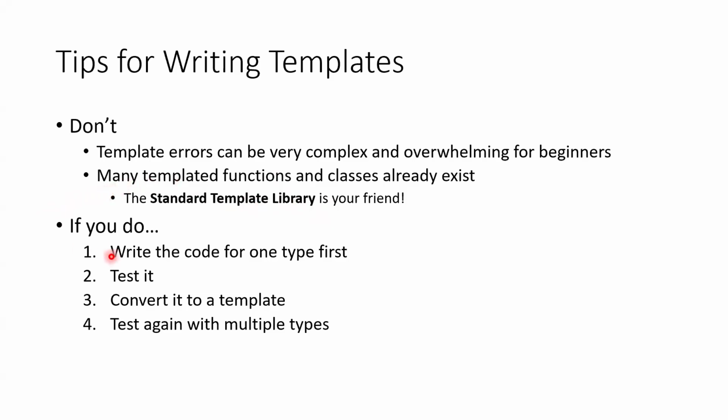But if you do write templates, just make sure that you are writing the code for one single type first. Make sure the code works, then convert it to a template and test it again with different types. This style of writing code will avoid a lot of debugging time.